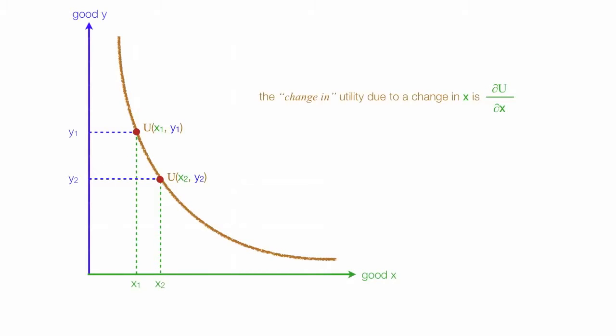This is the change in utility due to a change in the consumption of good x. The change in utility due to a change in y is the change in utility due to a change in good y. This should be evident as marginal utility of x and marginal utility of y, often written in your textbooks as MUx and MUy.